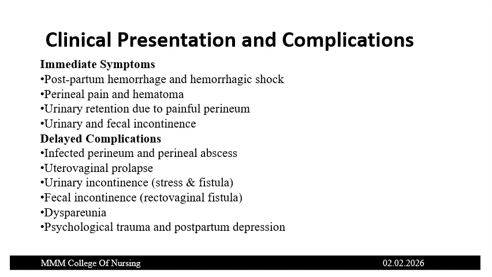And clinical presentations and complications: immediate symptoms are postpartum hemorrhage, severe perineal pain, hematoma, urinary retention, and urinary or fecal incontinence. Delayed complications are infection and abscess, dyspareunia, uterovaginal prolapse, rectovaginal fistula, psychological trauma, and postpartum depression.